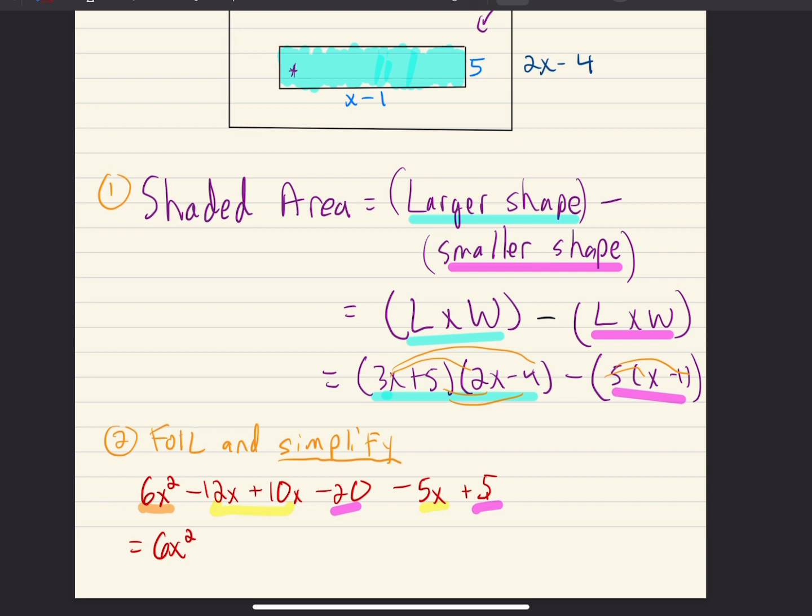And when we do add them all together, we get minus 7x. And then, of course, the non-x's, the negative 20 and the 5, can also be added together. And when we do that, we get negative 15. So here is the simplified expression for the area of the shaded region of that rectangle.